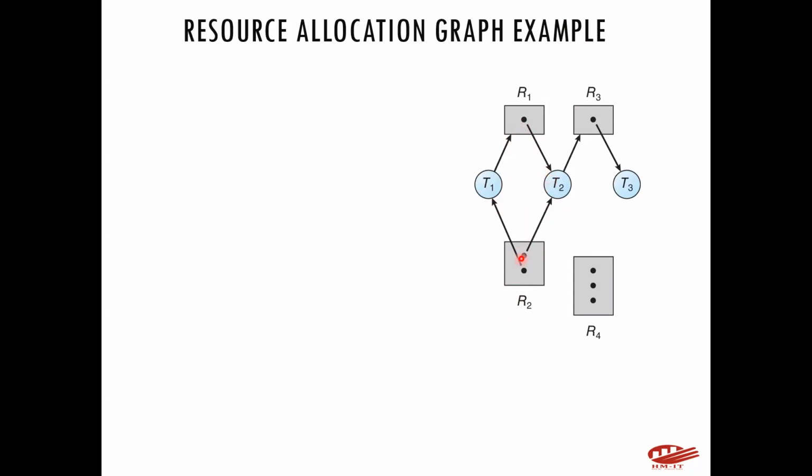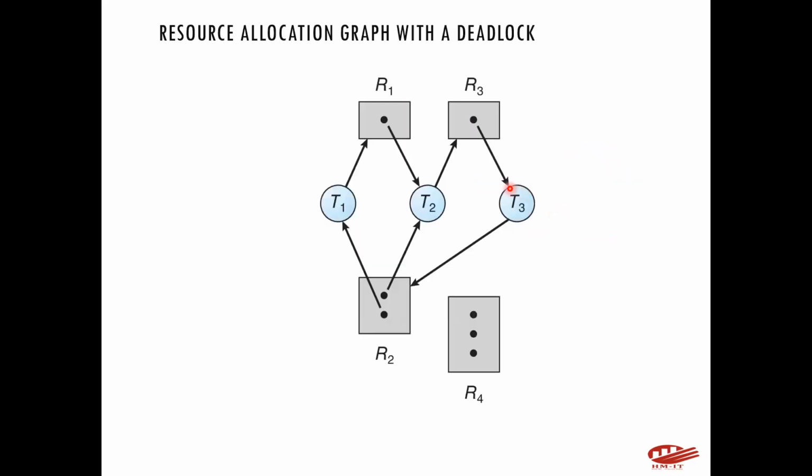This is also assigned. This is assigned two ways. And this one is requesting. This one is assigned. So this is the resource allocation graph. This is what we mentioned here. The same case here, you can understand, right?